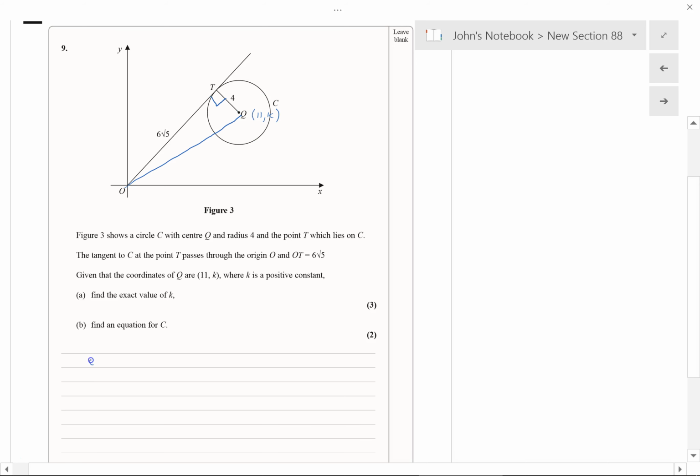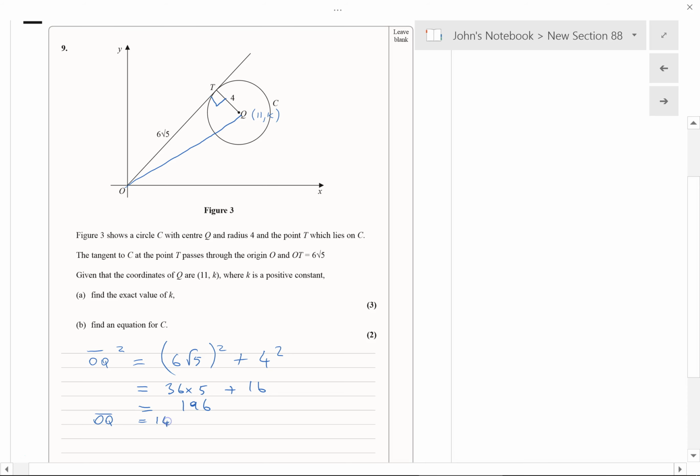So OQ squared is equal to 6 root 5 squared, using Pythagoras, plus 4 squared. That equals 36 times 5 plus 16. 36 times 5 is 180, plus 16 is equal to 196. The square root of 196 is 14.